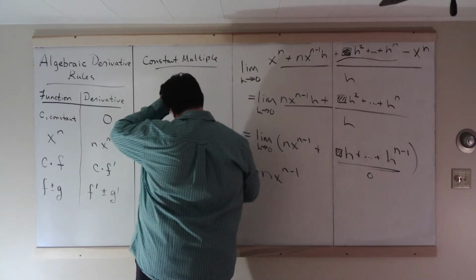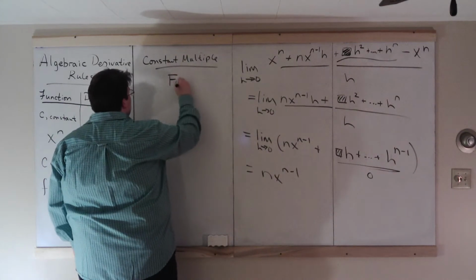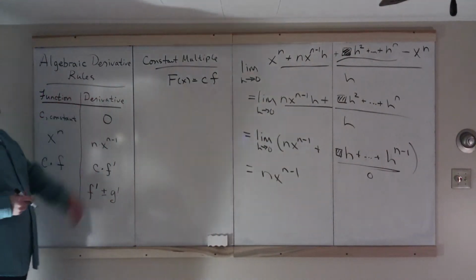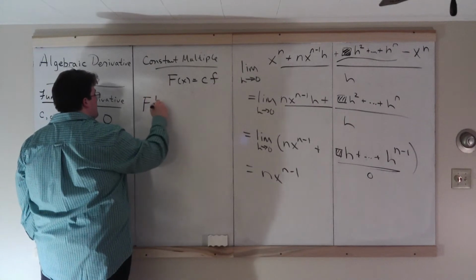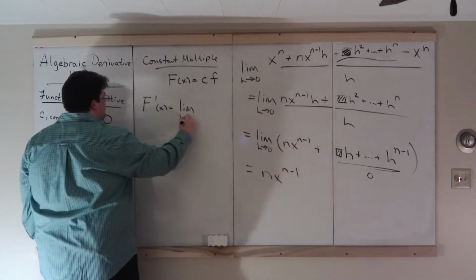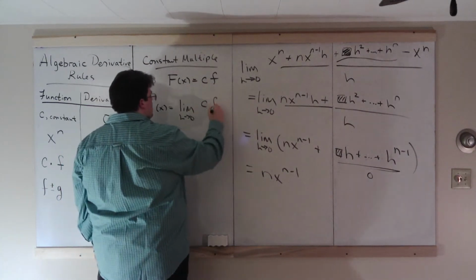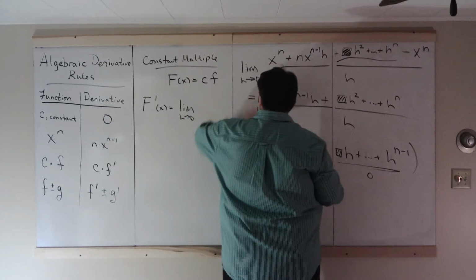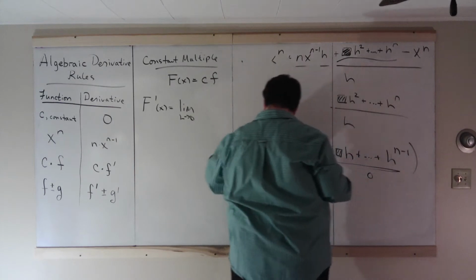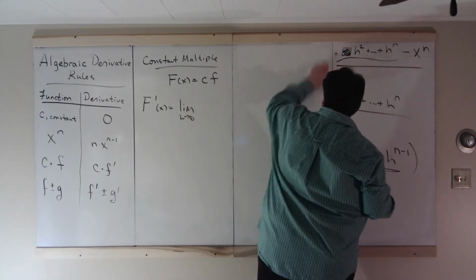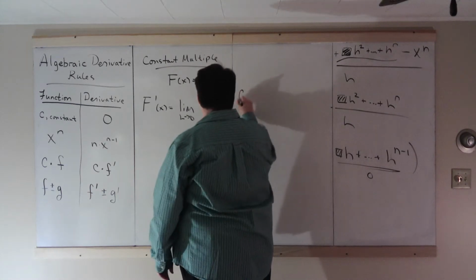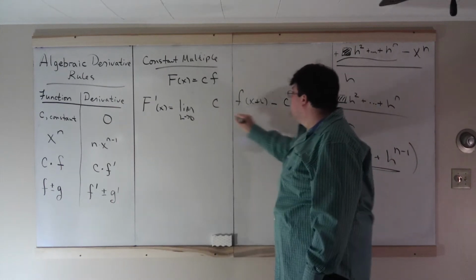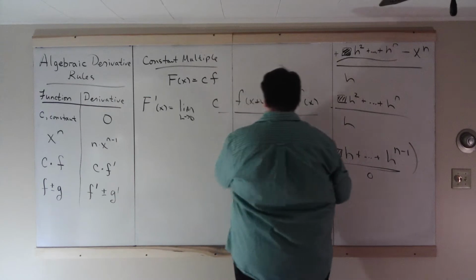I'm just going to write capital F. So for constant times f, capital F prime is the limit as h approaches 0 of what? c times f of x plus h minus c times f of x, all over h.